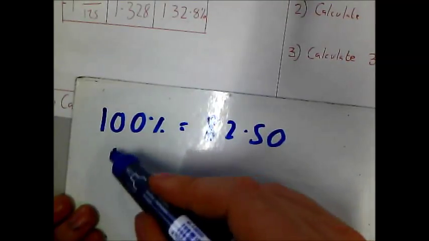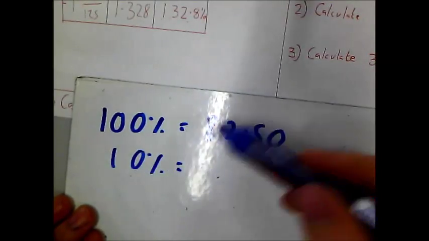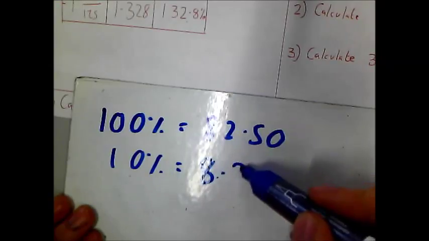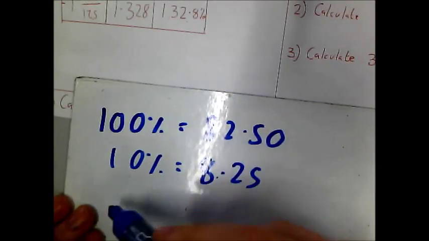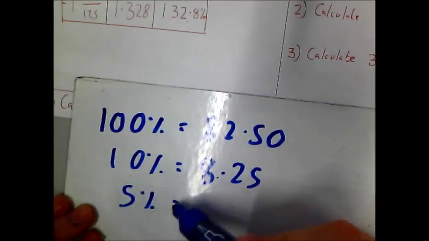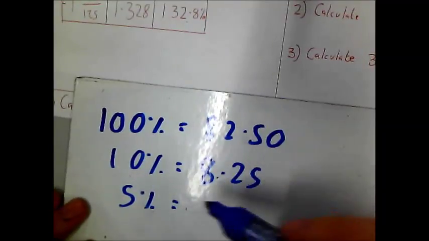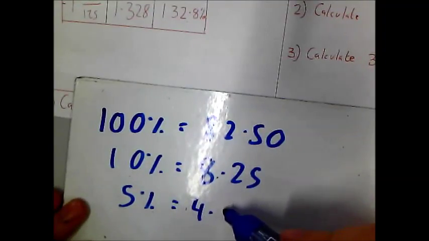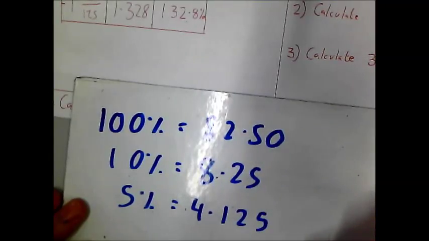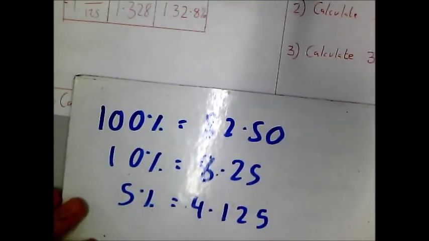So 10% is 10 times smaller, so that's £8.25. So 5% is half of this, so that's going to be £4.12 and half a penny, 4.125.